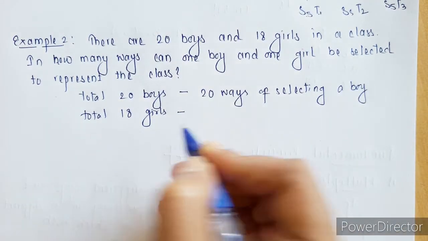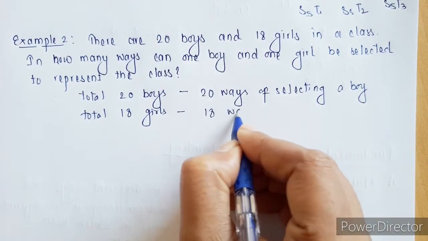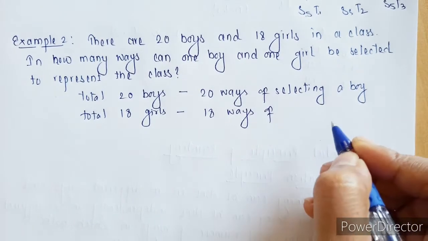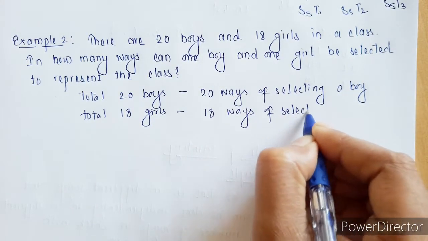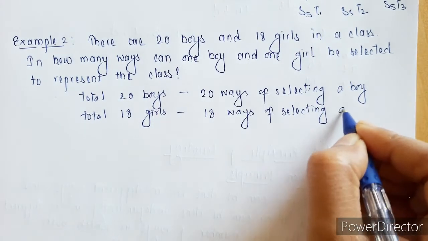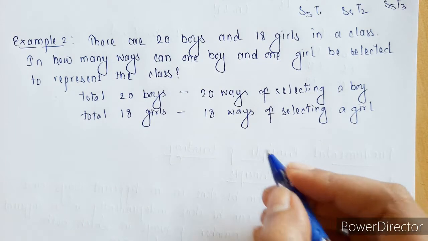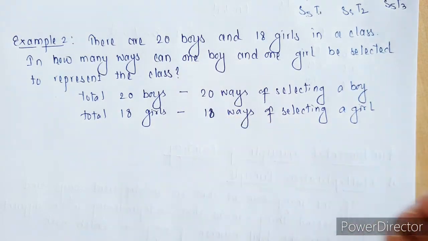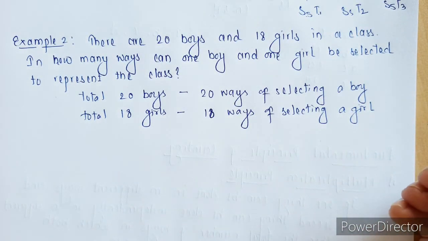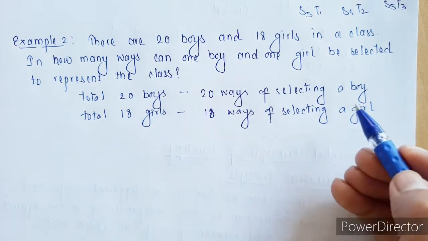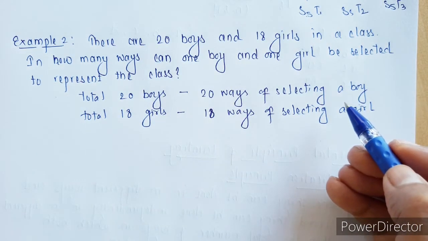Similarly, there are total 18 girls, so there are 18 ways of selecting any one girl. Since there are 18 girls, I can choose any one of the 18, so there are total 18 ways I can choose any one girl. Similarly, 20 boys, so there are total 20 ways.